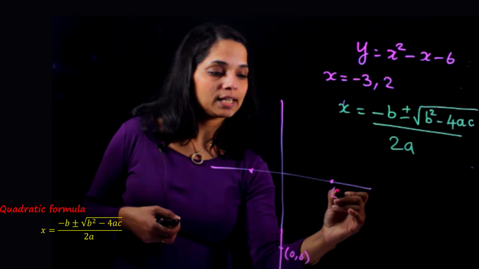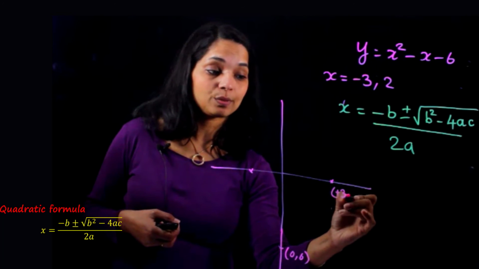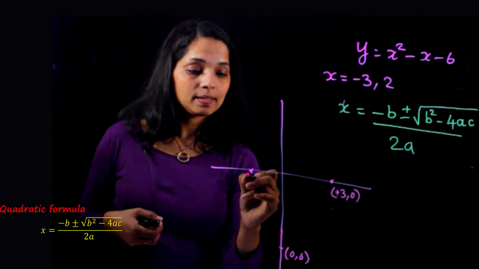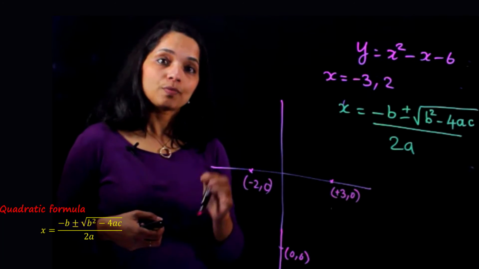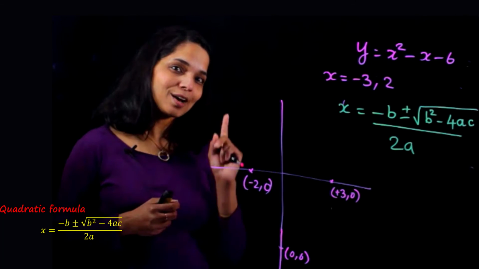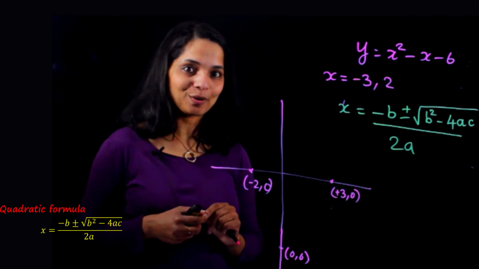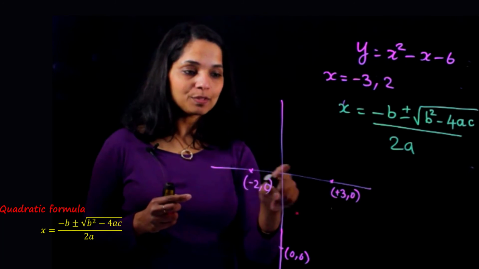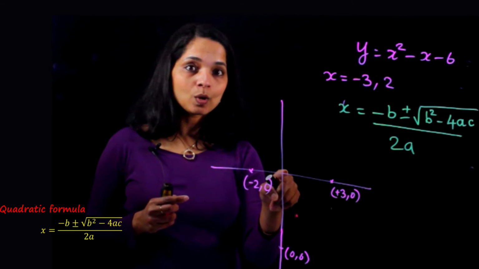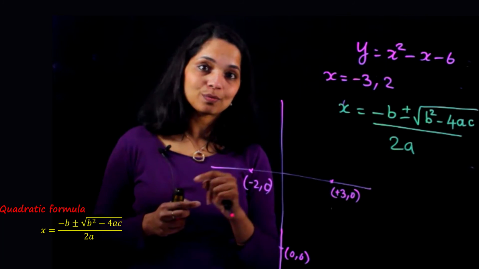And this point is (minus 3, 0), and this one is (2, 0). Okay, so we've got 3 points. Now we need the vertex as well, the turning point. How can we get that? Using these two x-intercepts, you can easily find where exactly the axis of symmetry lies.